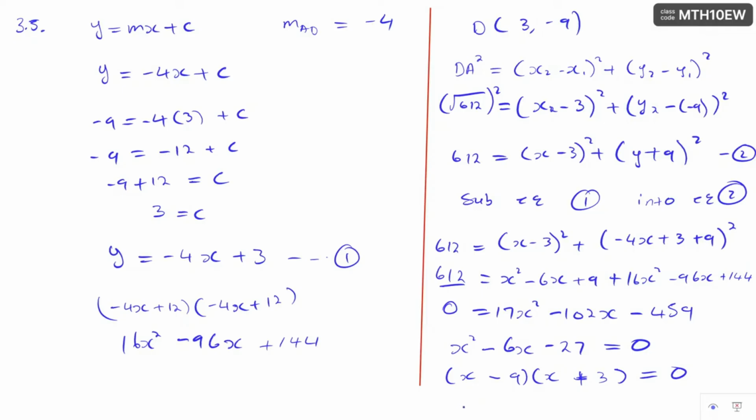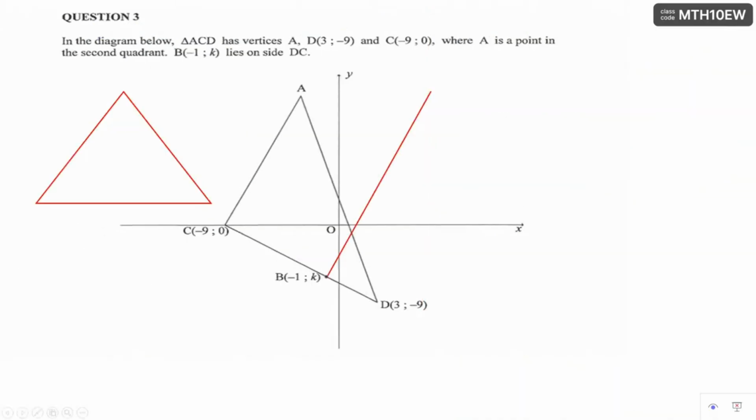So I found my x to be what? x equals 9, or x equals negative 3. But we need to check something. Here, the value of x has to be negative. Why? Because this is a negative side and this is a positive side.